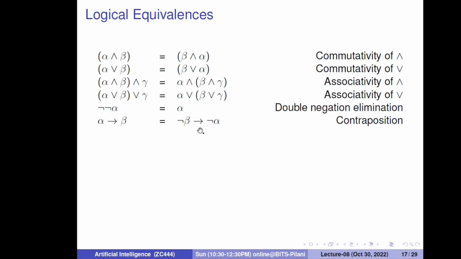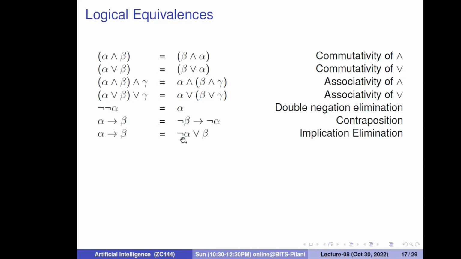A implies B is equal to minus of B implies minus of A, and this is called contraposition.